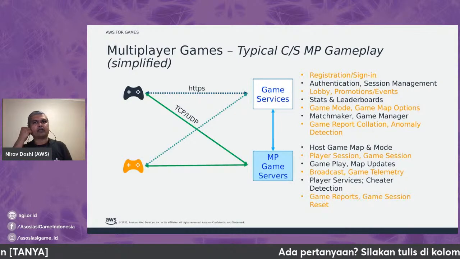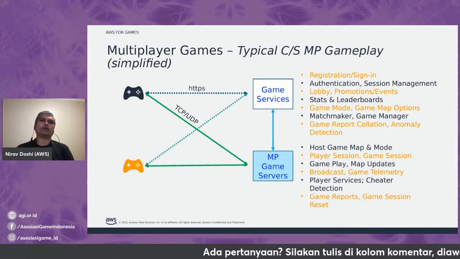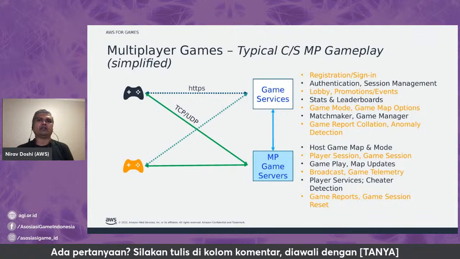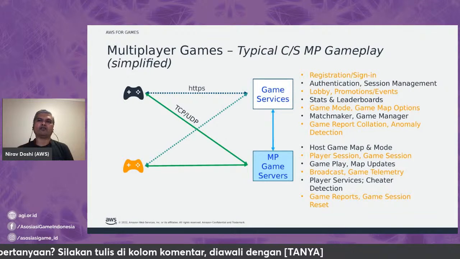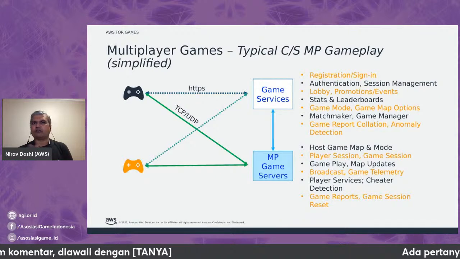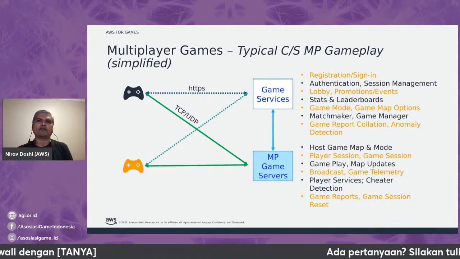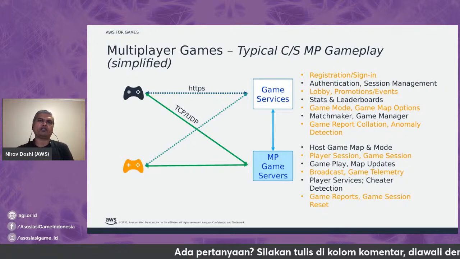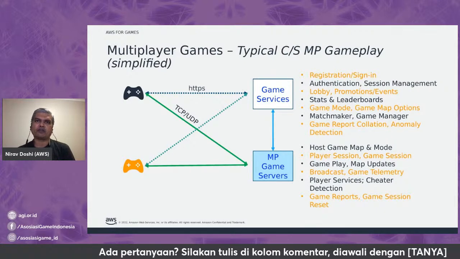There is also player services. There can be chat, audio, video chat that may be supported by the system. And there is also cheater detection where it checks for anomalies. If you didn't have a bullet, how can you have shot a bullet from your gun? Kind of basic, some level of checks depending on what level of cheater detection the server is designed to perform.